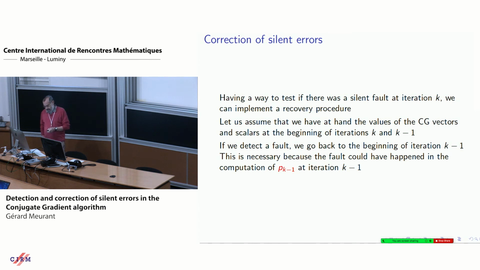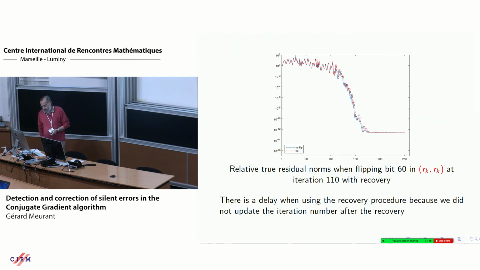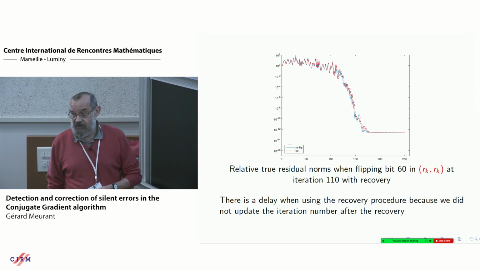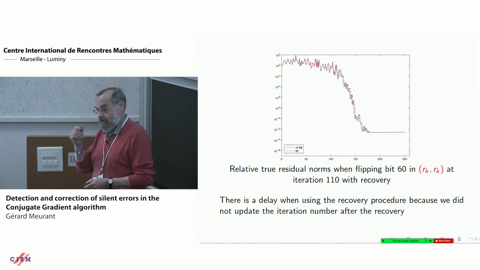So let's see if it works. Here I'm flipping bit 60 in the output of this dot product at iteration 110. I'm okay here, and I'm applying my recovery procedure. And there is a delay here because I did not update the iteration number after the recovery procedure.